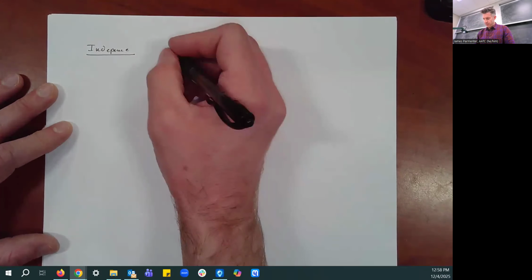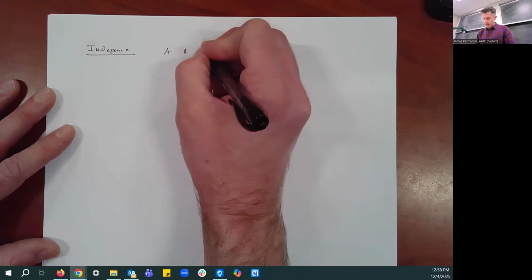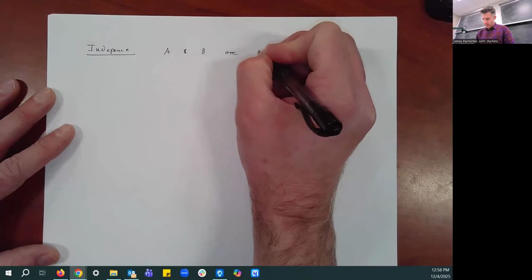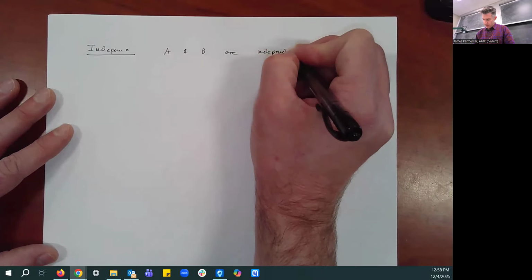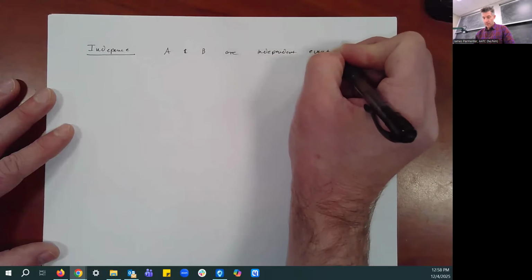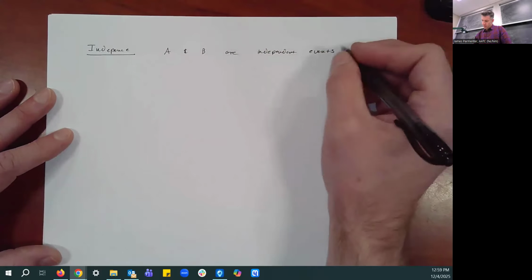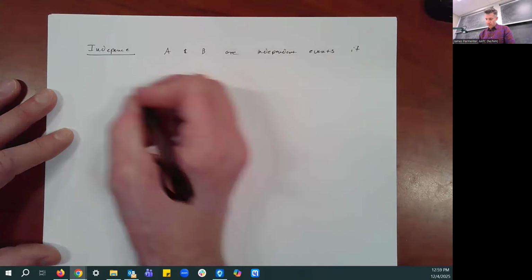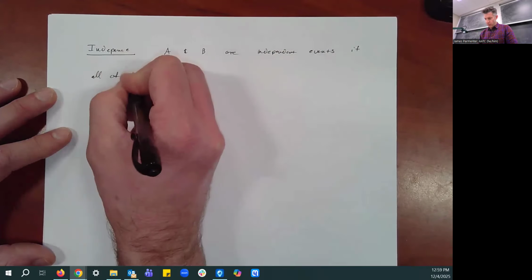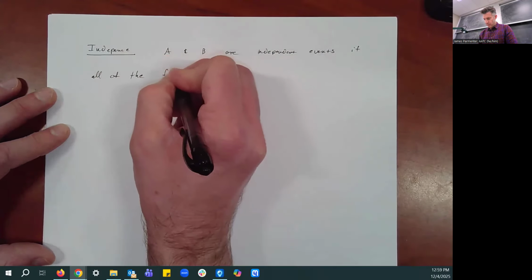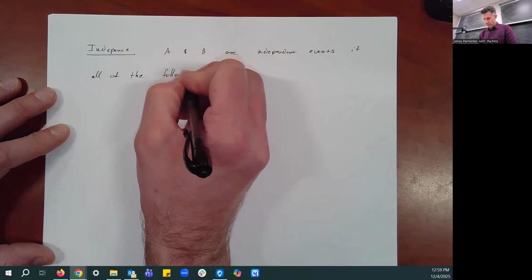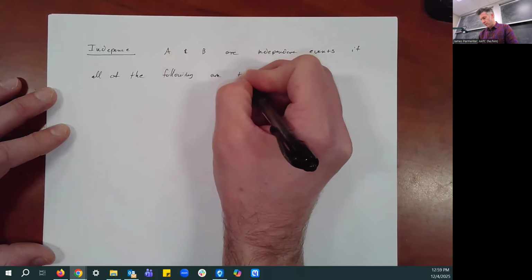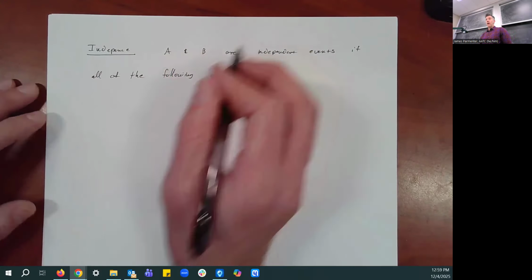We say that A and B are independent events if all of the following are true. And really, when we say all the following are true, it means if one of them is true, all of them are true.